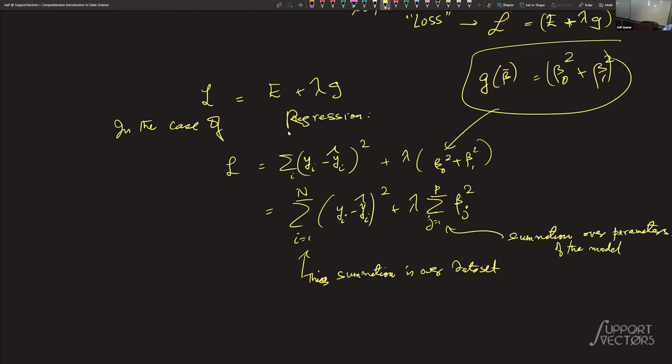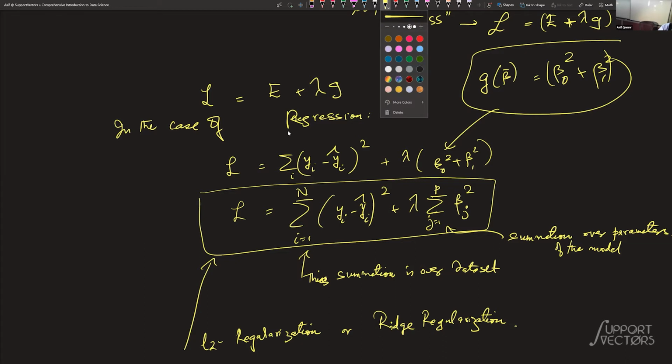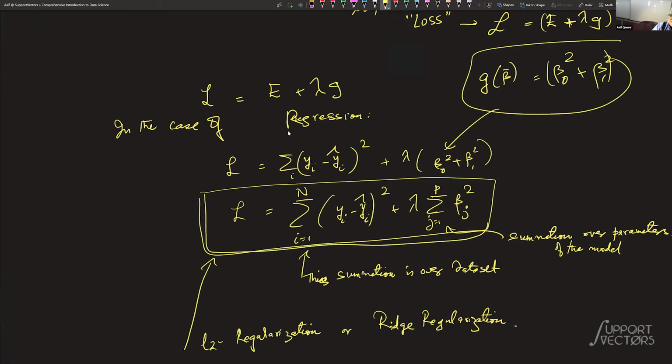And this is therefore the celebrated, famous equation of L2 regularization, or ridge regularization, or most often when people say they're regularizing, this is by default the regularization that people use, right? This is the famous equation. You must remember this, and your book will talk about it. Now, most of the books, in fact, don't explain how you arrive at this.